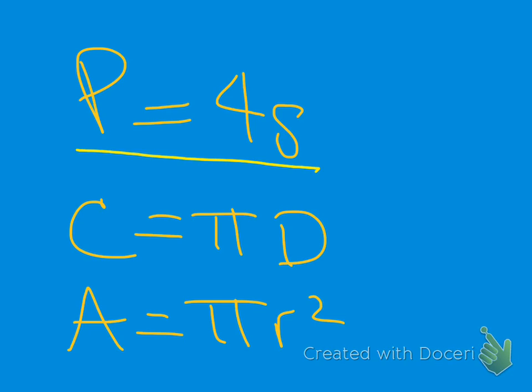We have p equals 4s, and if we were to put this into a table of values, I have my s here and my p here. If I put a value in for s, like 1, I multiply by 4, I'll get a 4 for p.